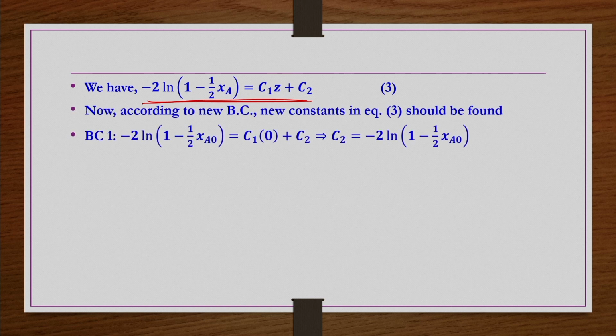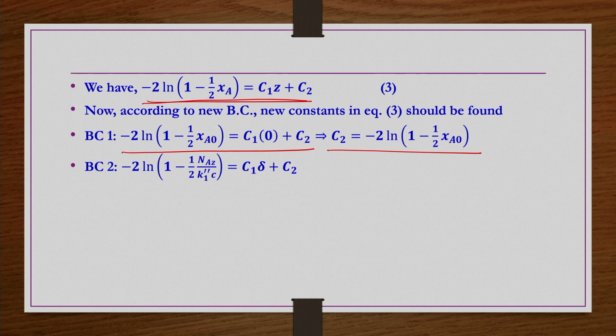So, BC1 is the same, that is at Z equals 0, Xa equals Xa naught. So, C2 you are going to get the same constant as the previous case, and then BC2 at Z equals delta, Xa is nothing but NaZ by K1 double prime C. So, that is what we have written here.